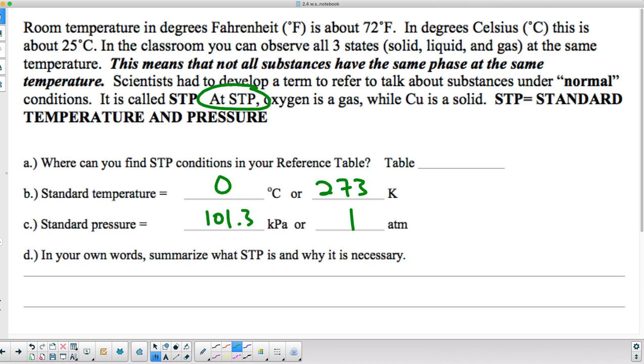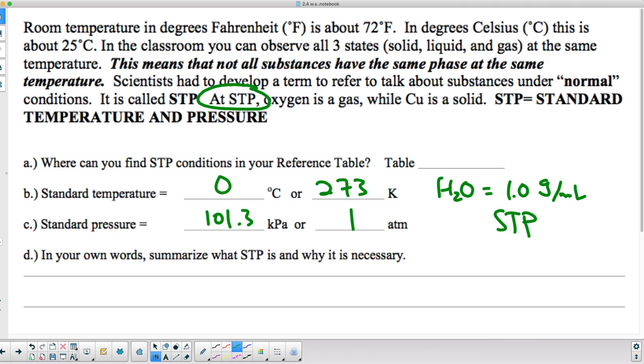So if I say water has a density of 1.0 grams per milliliter, that is at STP. Because if I change the temperature, it changes the density. If I change the pressure, it changes slightly the density. So we report all densities at STP, 1 atmosphere and 273, okay?